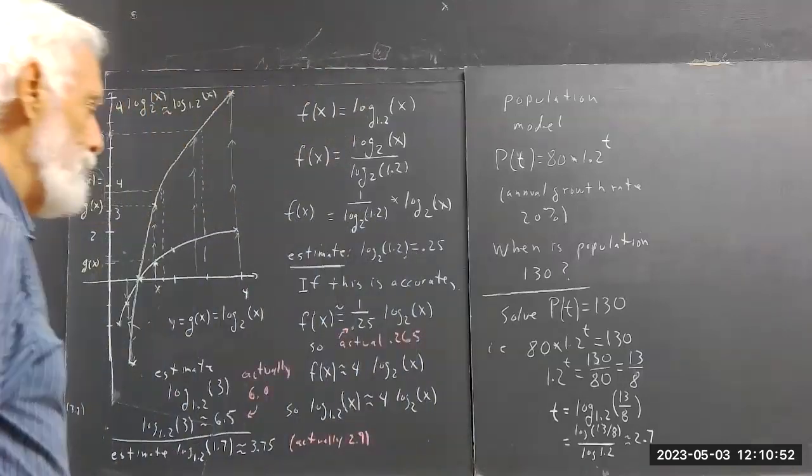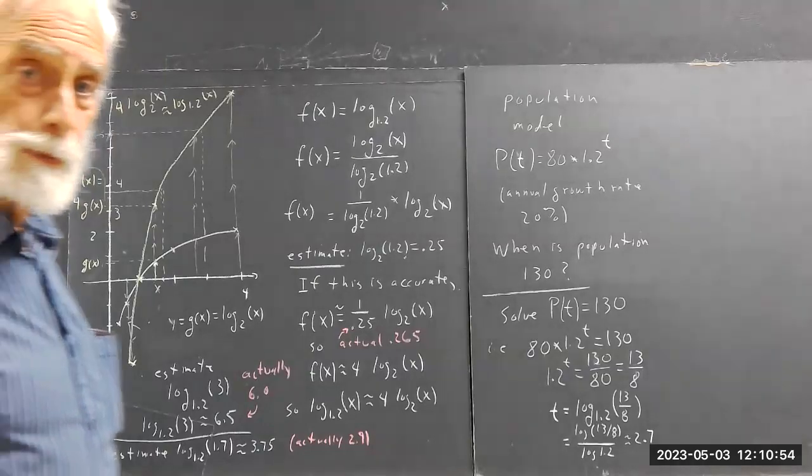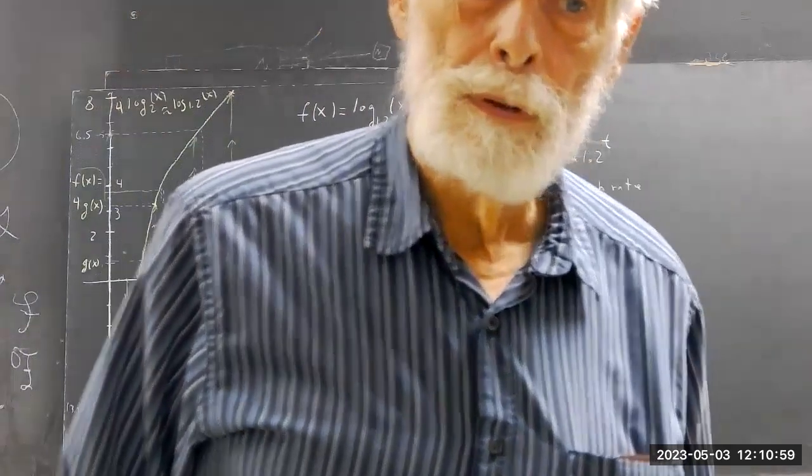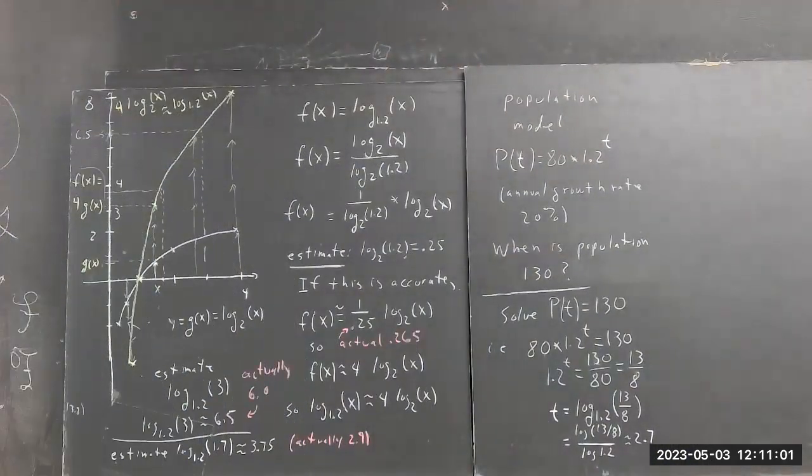So the 4 should have actually been the reciprocal of that 0.265. Can you do the reciprocal of 0.265? One divided by.